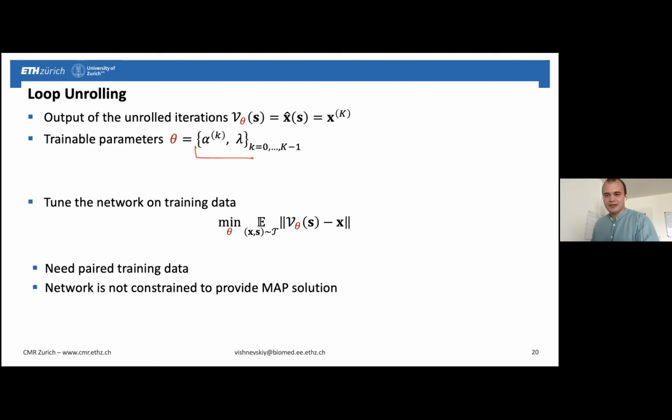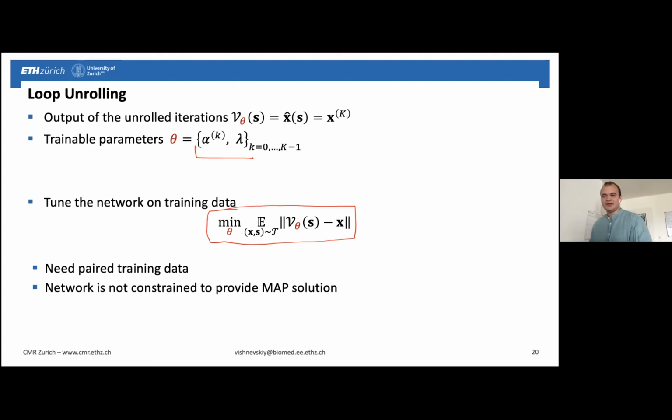So at each iteration, we learn the step length and one global regularization parameter. Our model is inspired at this point by the gradient descent of some model-based formulation of the inverse problem. But it's differentiable, and we can minimize the expected reconstruction loss in a standard way over the training sample.